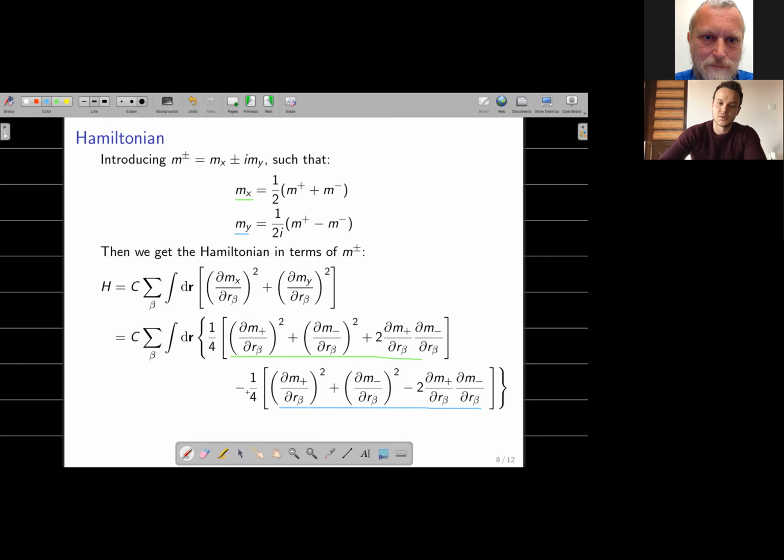So in total, you would have the following expression. In these new variables, we have the new variables m plus and m minus, and the derivatives with respect to the spatial coordinates. Okay. I will move on if there are no more questions about this, of course.